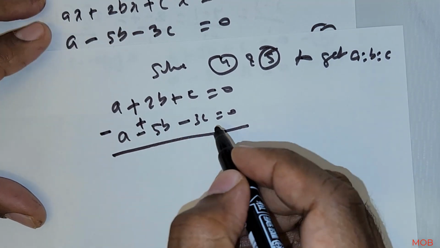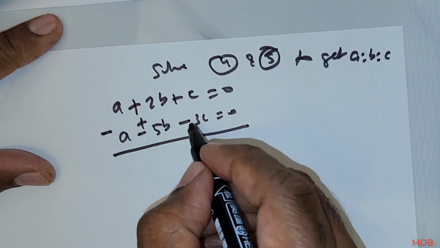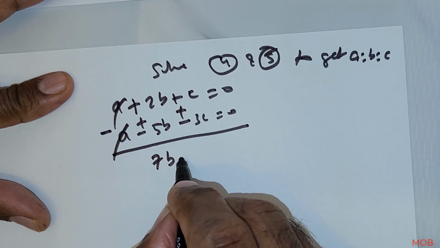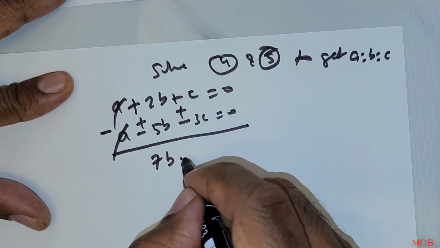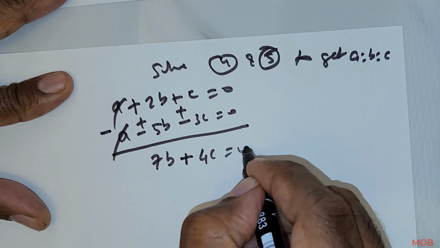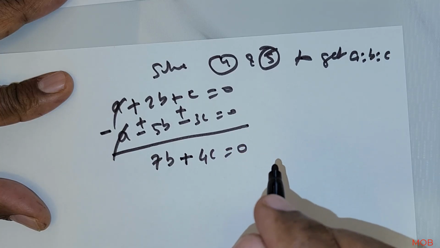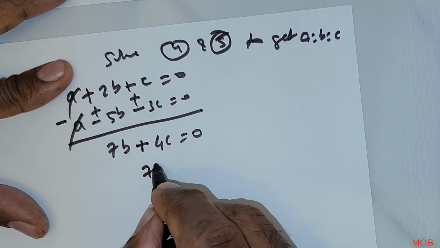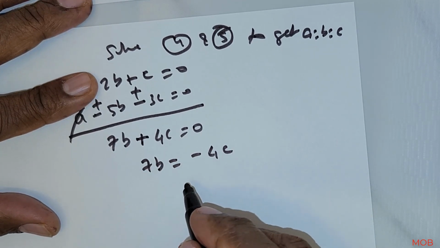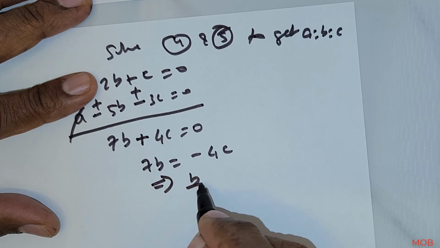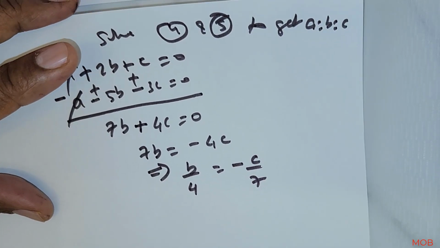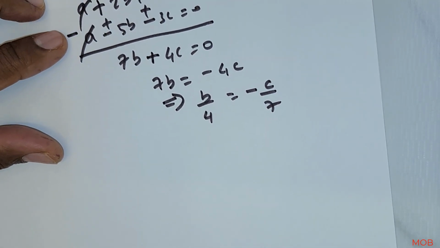So negative is your positive, so a gets cancelled, and you get 7b plus 4c is equal to 0. So this means 7b is equal to negative 4c, and this means b over 4 is equal to negative c over 7. So this is what you got.